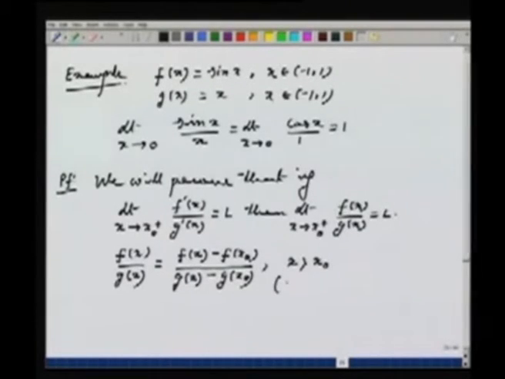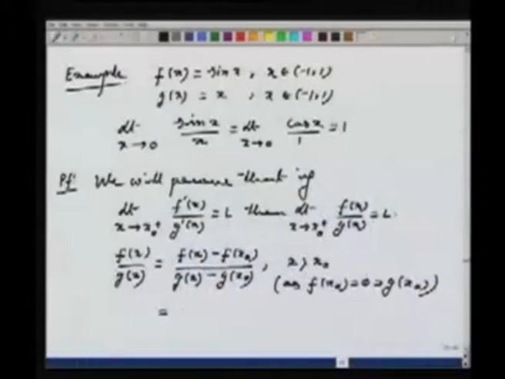This I can do as f of x naught is equal to 0, which is equal to g of x naught. Now I am in a position to apply Cauchy's mean value theorem, because in a neighborhood of x naught, f and g both are differentiable functions, so anyway they are continuous.